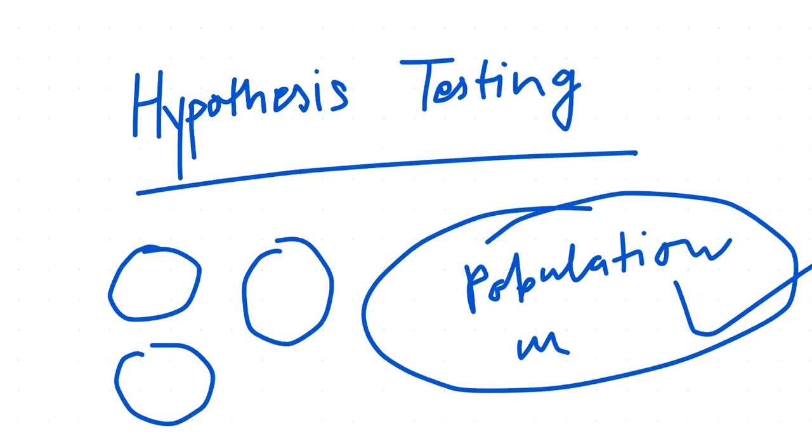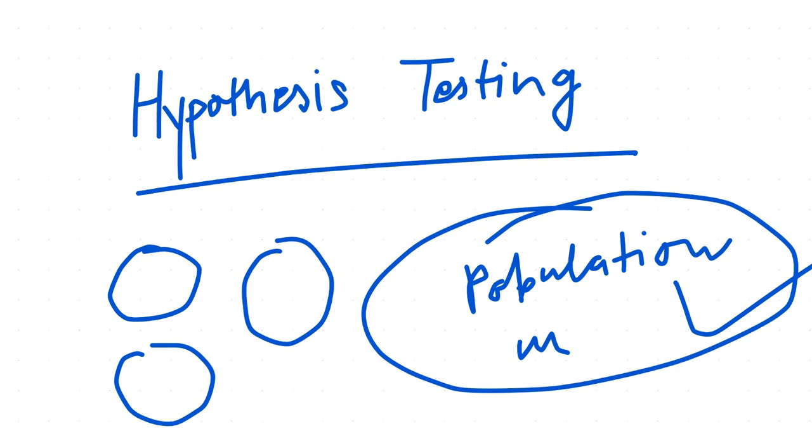We will assume that the mean of samples as well as of the population are the same. We assume this as the null hypothesis, and we will calculate by using various tests.